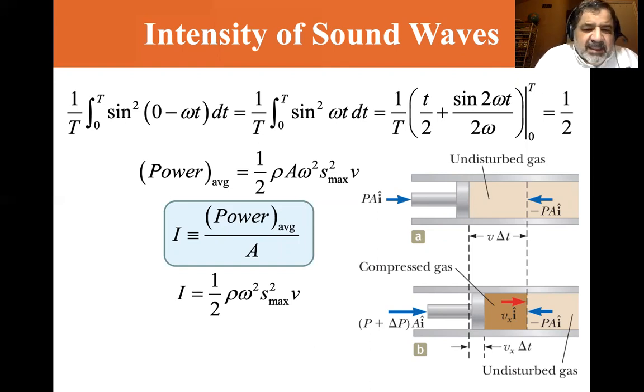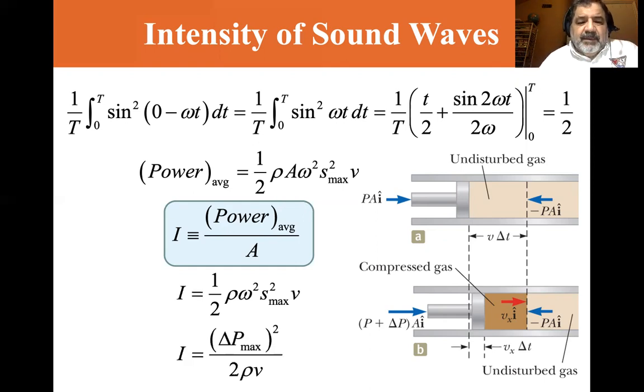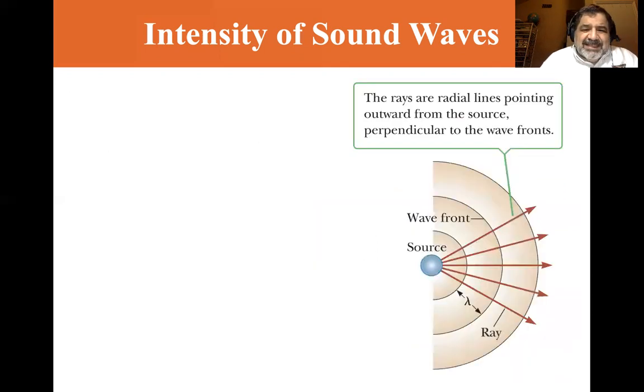So the intensity is 1/2 times the density times omega squared times s max squared times the velocity. So the intensity is equal to delta P max squared divided by 2 times the density times the velocity.